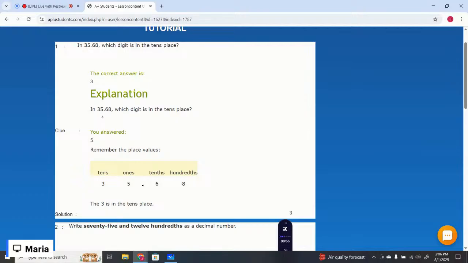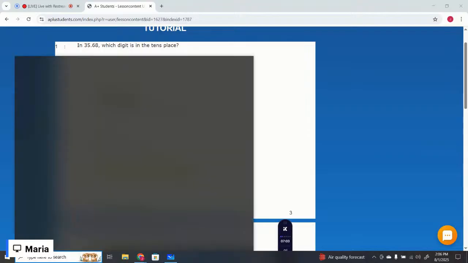And right after the decimal point, we have tenths. Tenths, hundredths, thousandths, ten-thousandths. So we have the "th" with the digits after the decimal point, right? Hold on.